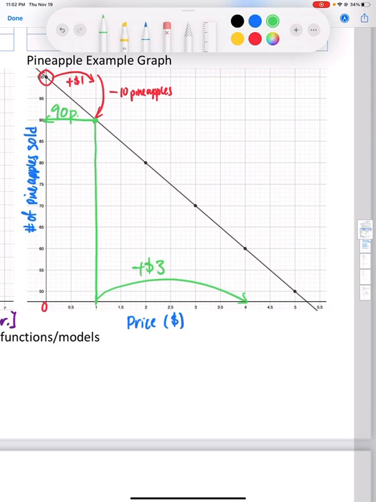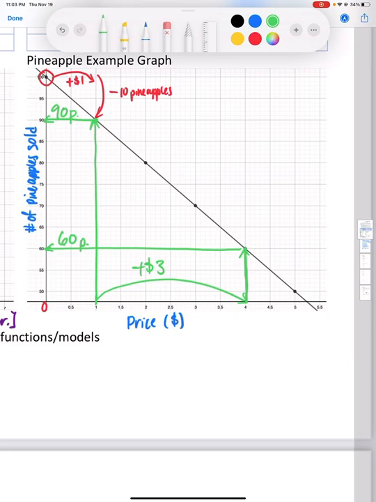And when we increase it $3, to $4, we go up to the line, from $4 up to the line, and we come back over to the y-axis, or the dependent variable on the vertical axis, to see what that is. When we increase the price, it goes to 60 pineapples per day sold.